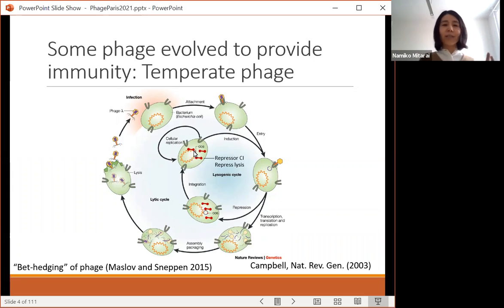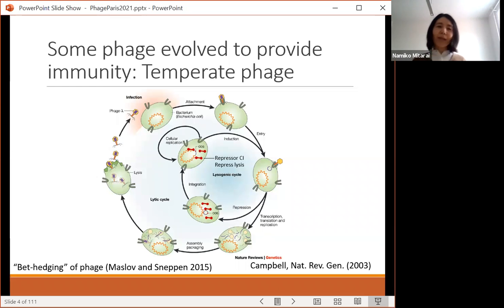And once you are in this lysogeny cycle, the phage will actually replicate with the host DNA. Also, these repressor proteins provide immunity against the same phage, of course, because this one is repressing the lytic pathway from being expressed. So if a new phage comes in, they just don't do anything.